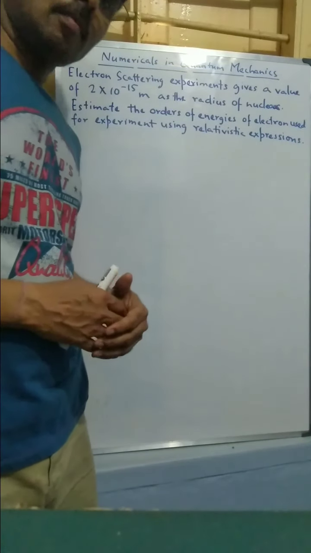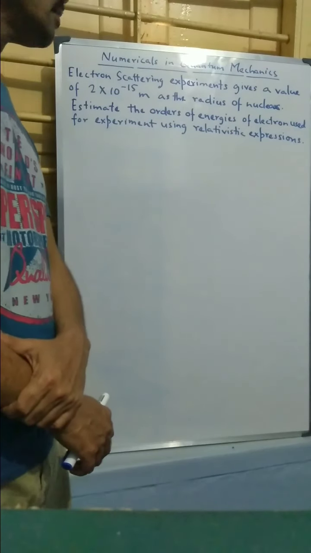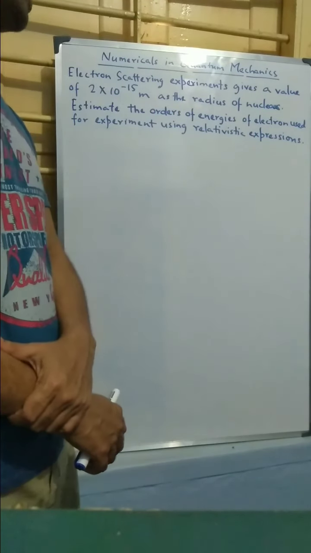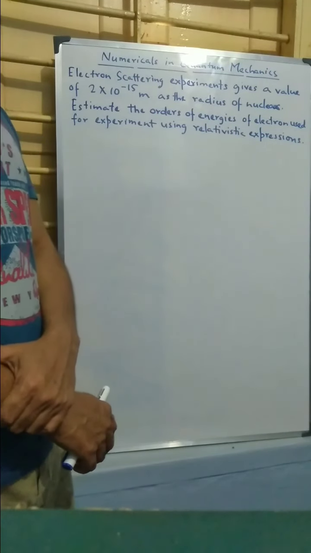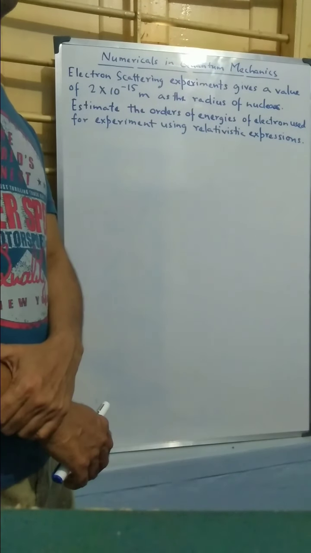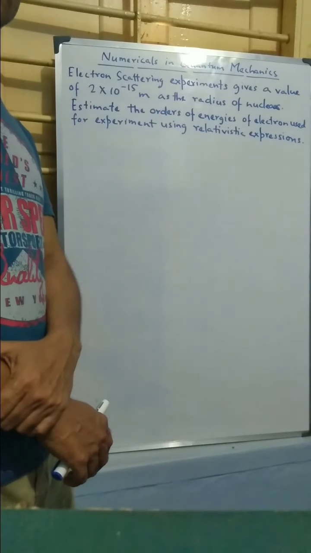So our next problem is regarding an electron scattering experiment, which gives a value of 2 times 10 to the power minus 15 meter as the radius of the nucleus, and we want to have an estimate of the order of energy required to scatter the electrons.